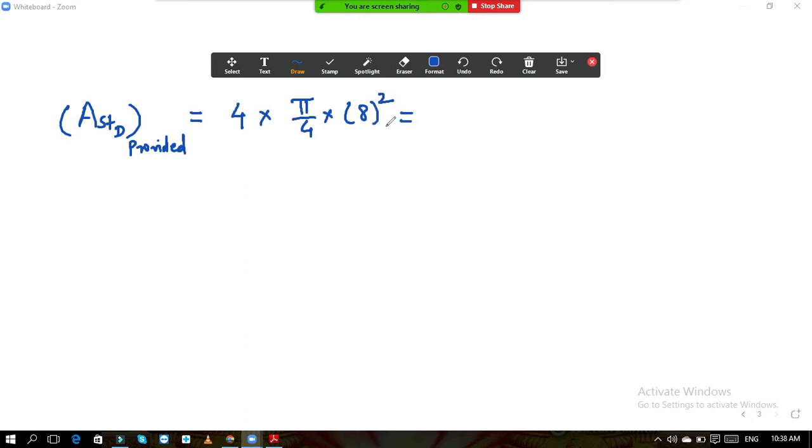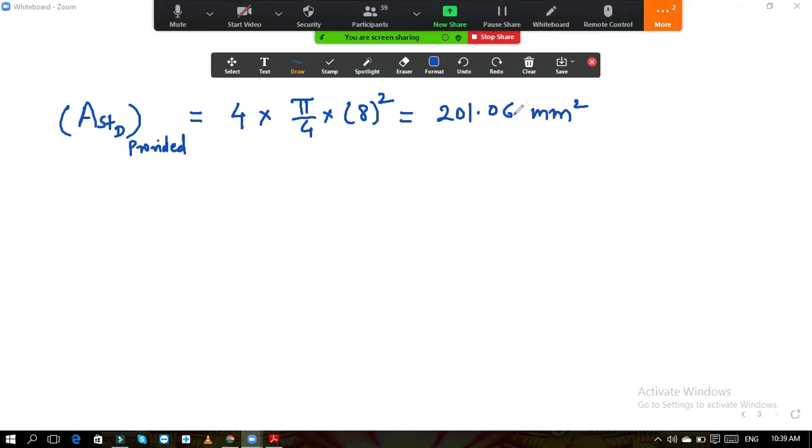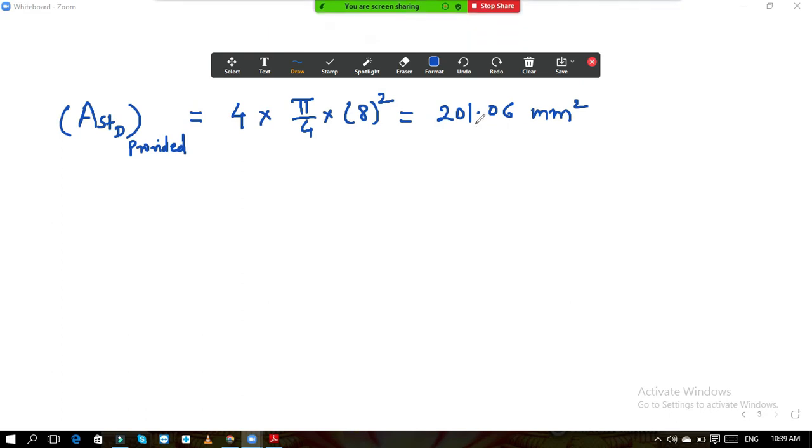So Ast D provided works out to be 201.06 mm square. This is your Ast D provided.